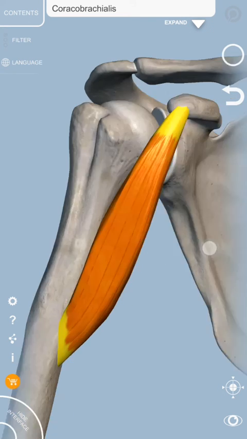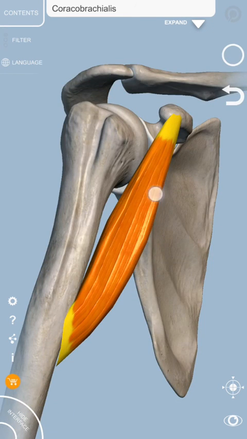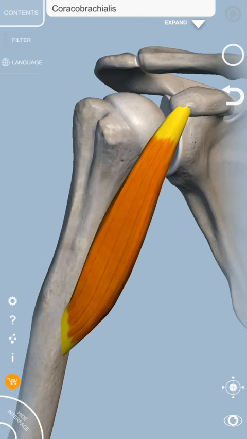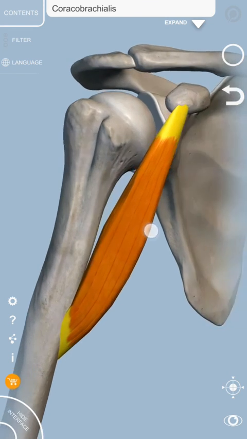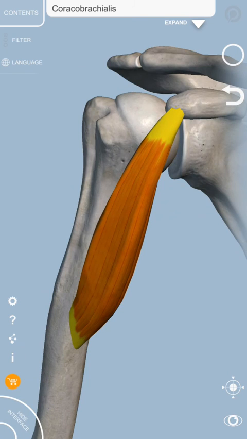The third muscle is coracobrachialis. Just focus on the name coracobrachialis. This word itself is a compound word comprised of two words. Coraco means from the coracoid process and brachialis means to the arm, the humerus, the medial border of the humerus. So this is a short, very small muscle, and it is supplied by the musculocutaneous nerve.